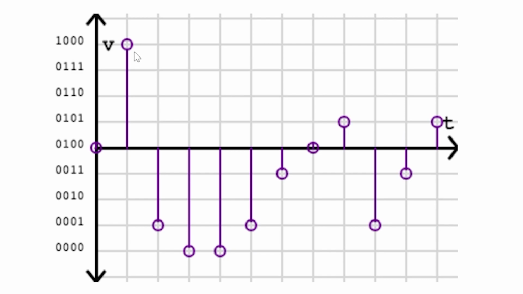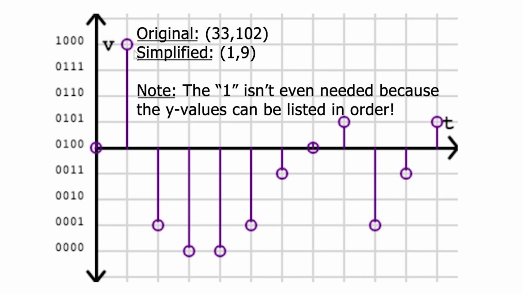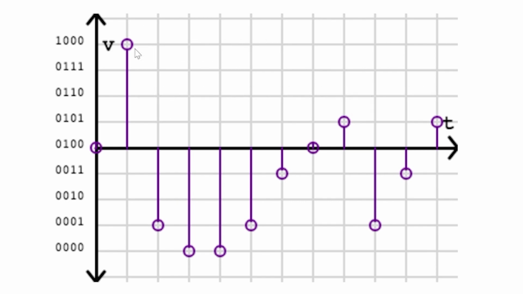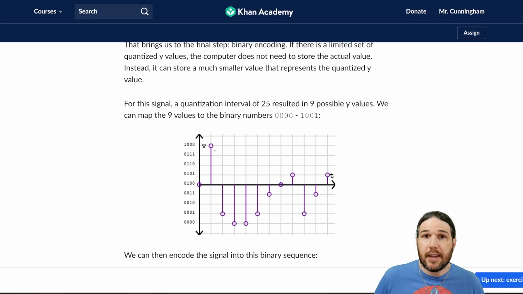So this point here, the one that's next to V, used to have XY coordinates of 33 milliseconds, 102 volts. But now that we've got our shape set, we could instead call that point 1, 9, because from the 0, it's over 1 and up 9. That is a much smaller number, it uses up a lot less space, and is still going to give us the same shape once we're done. Don't get too hung up on this particular process.